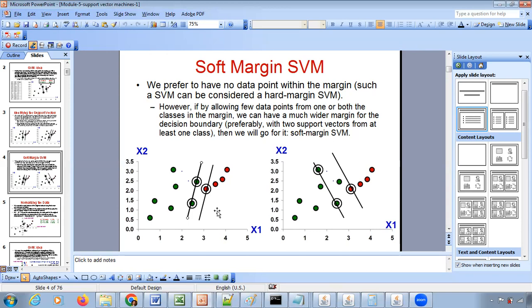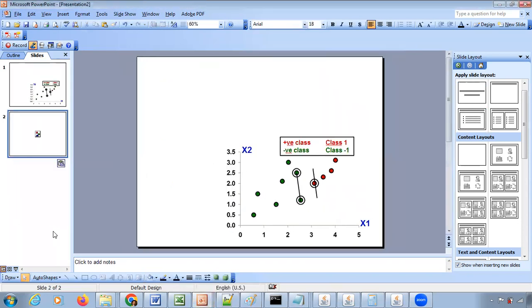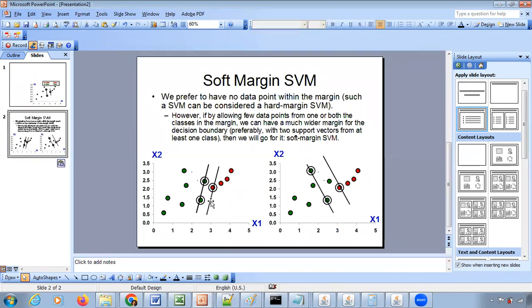So the idea is this: if you remove these two lines for a second, and now just look at this visualization over here on the left, it looks like this green data point is closer to the red data points compared to the other green data points.